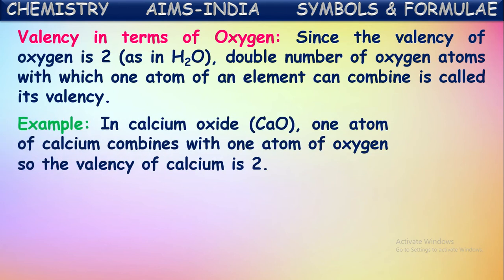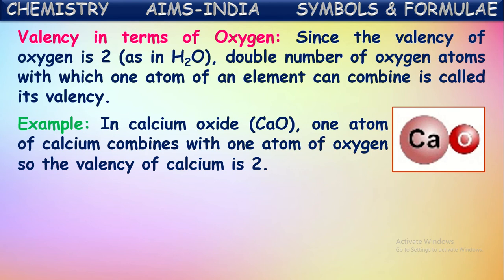For suppose in the calcium oxide molecule, one atom of calcium is combining with one atom of oxygen. Now, double the number of oxygen atoms that are combining with one atom of calcium is taken as the valency of calcium.